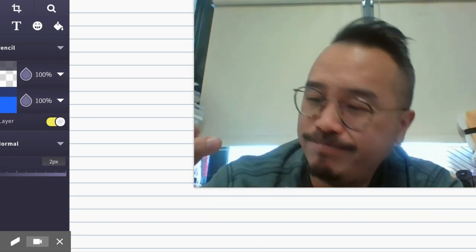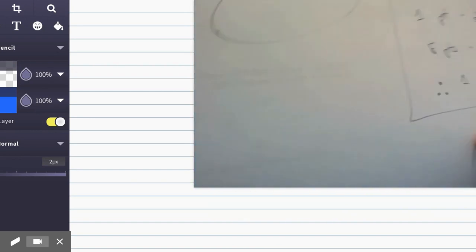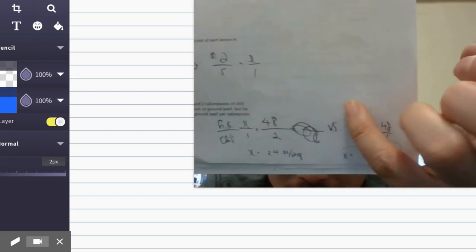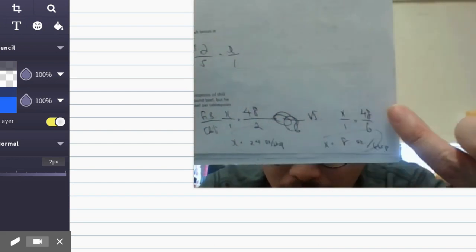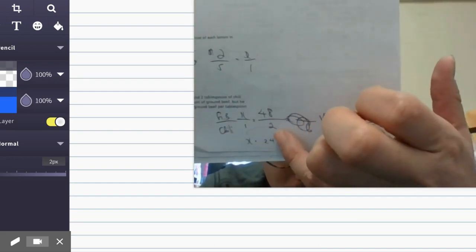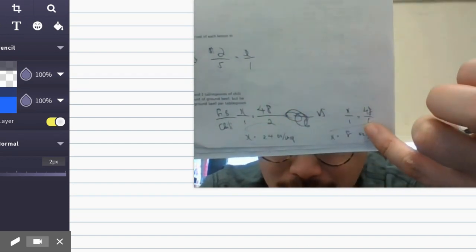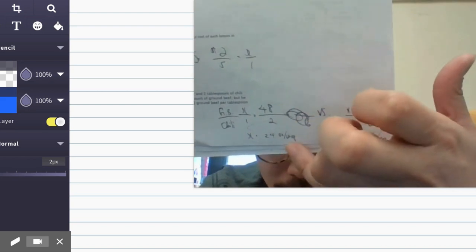Okay, so I'm gonna have to explain a little bit for this one, for the chili. So what I did was this. I set up two scenarios, right? One is before, one is after. So before, the person used 2 teaspoons of chili. Afterwards, the person used 6, right? So what's the difference?